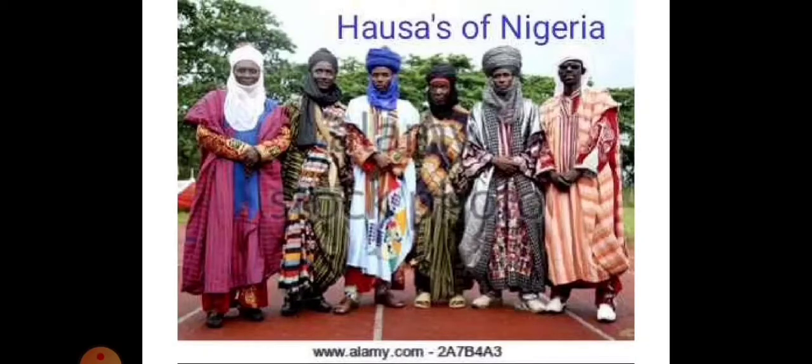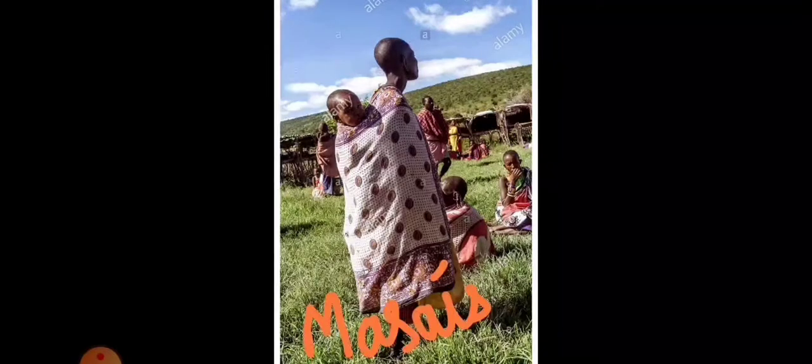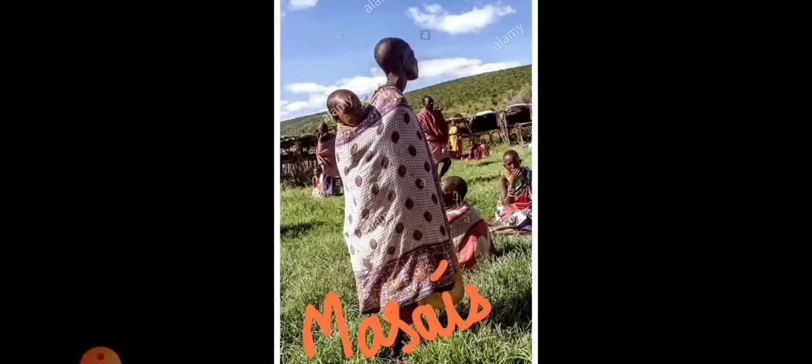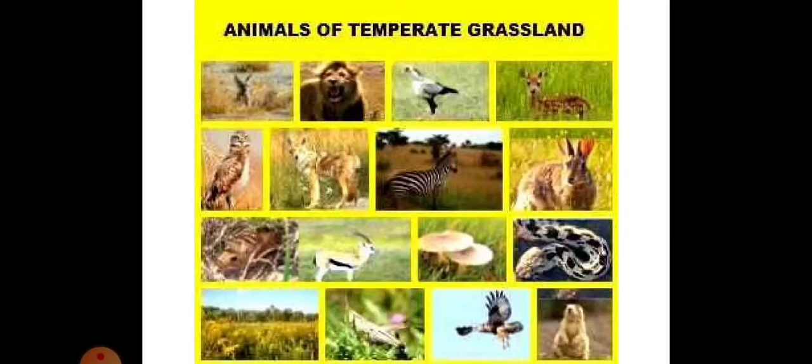The Haussais of Nigeria live in circular huts and grow crops. They also rear cattle, and dairy farming is also practiced.